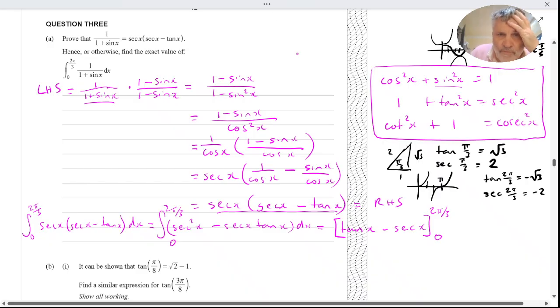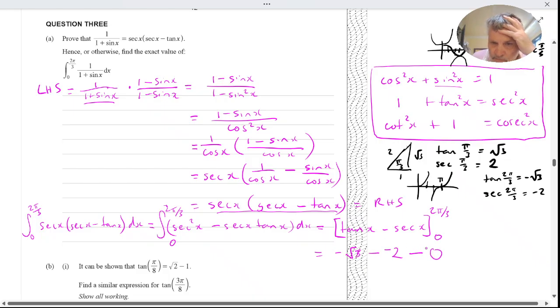And then we can work all this out. So tan 2 pi over 3 is negative root 3, minus sec 2 pi over 3 is negative 2. And then minus tan of 0 is 0.